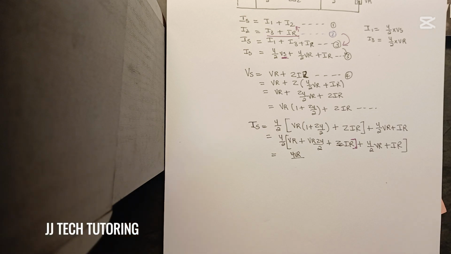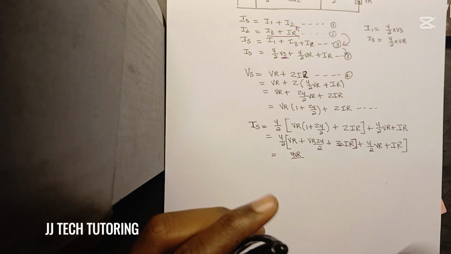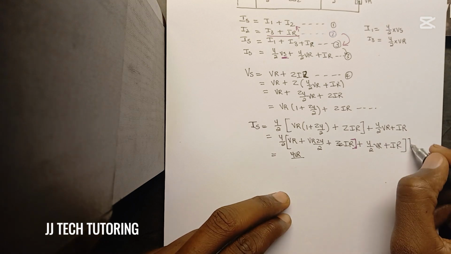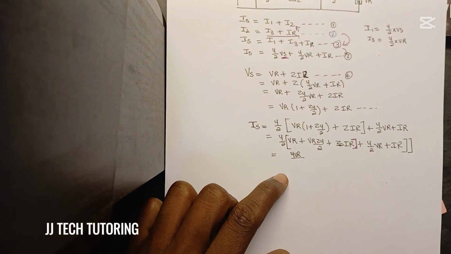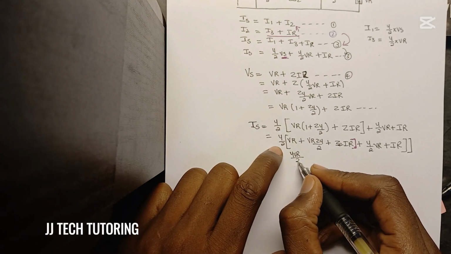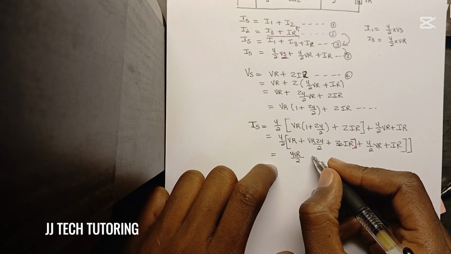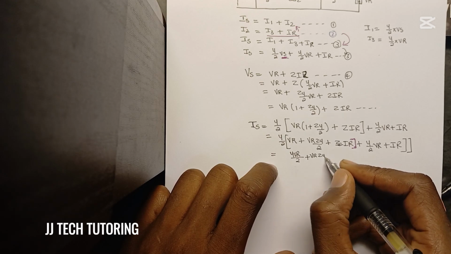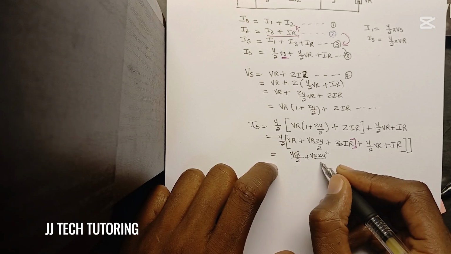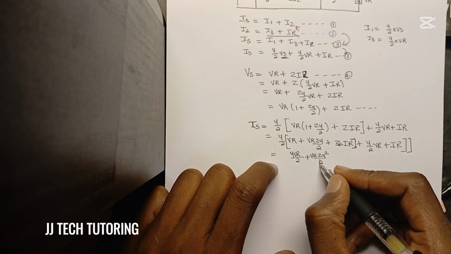Now we should have another brackets here. This is 2, this goes that side, then it's going to be VR Z squared over 2, no, over 4.